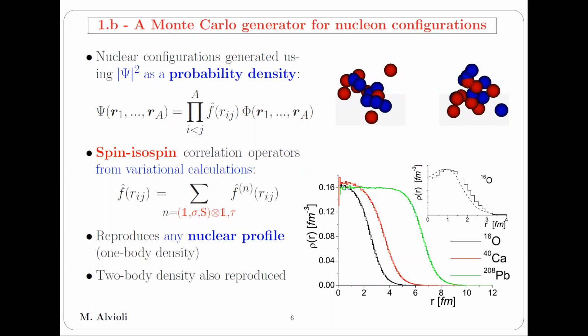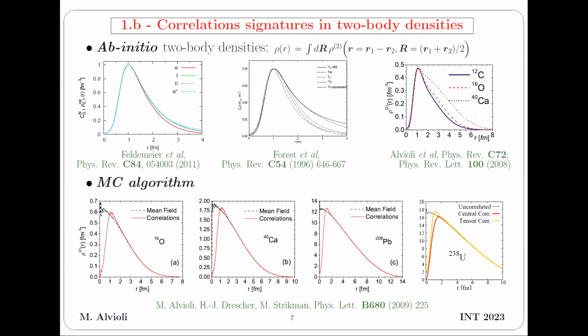These are isospin dependent, and they are obtained from variational calculations, from nuclear structure calculations. With configurations including nucleon correlations, we reproduce nuclear profiles, but we also ask to reproduce two-body densities.